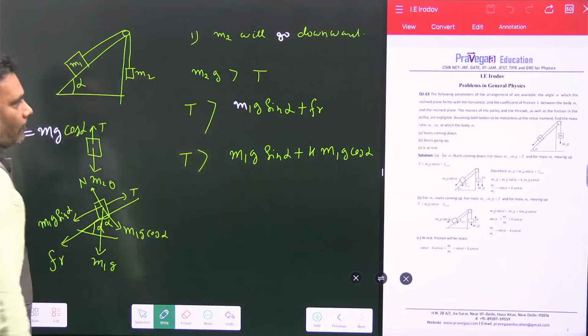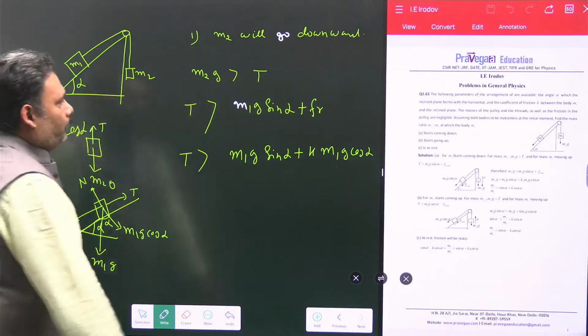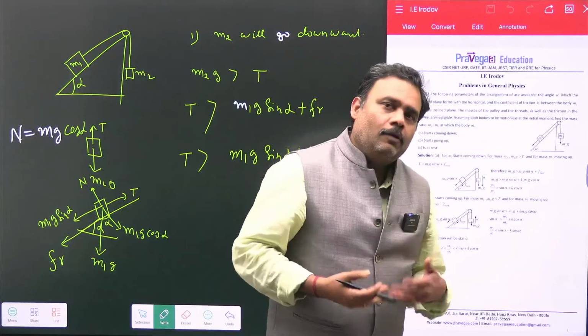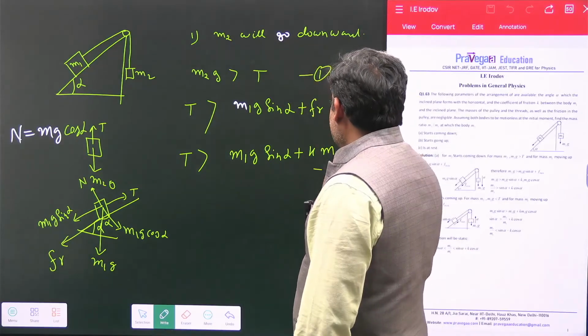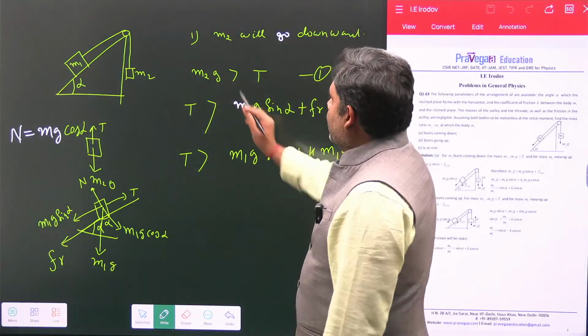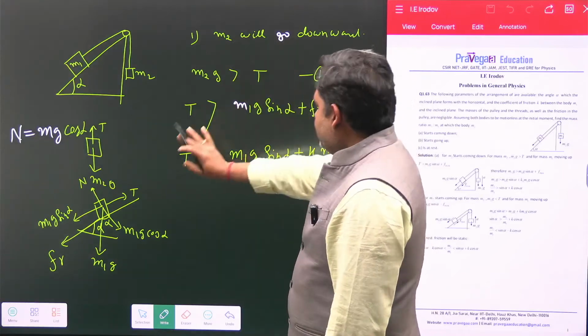Now you can combine these two things, because we have to talk about the ratio between m2 and m1. This is my first equation, and this is my second equation: m2g is greater than T, and T is greater than this.